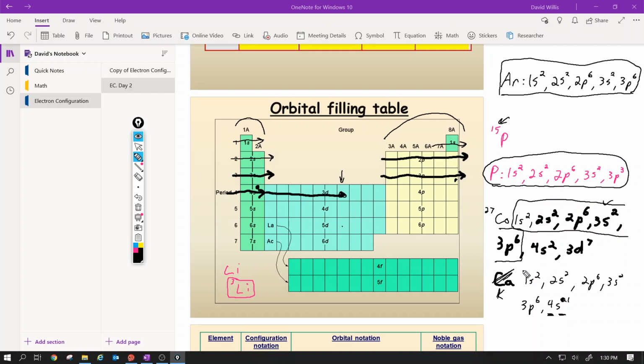So I'm going to rewrite cobalt, but the way I'm going to rewrite it is by representing that first set of electrons like this.